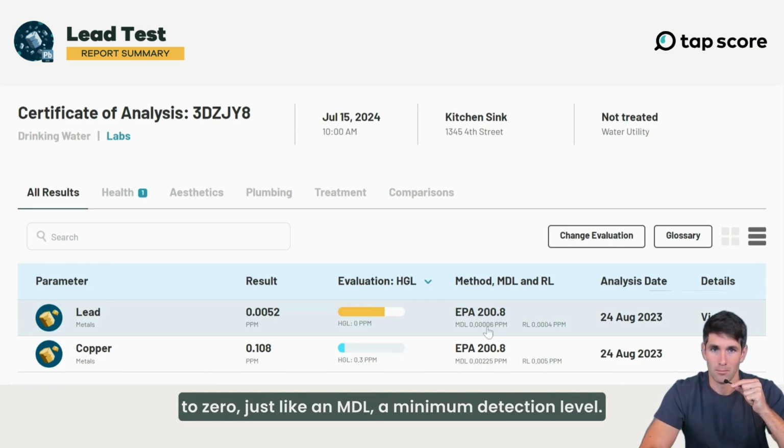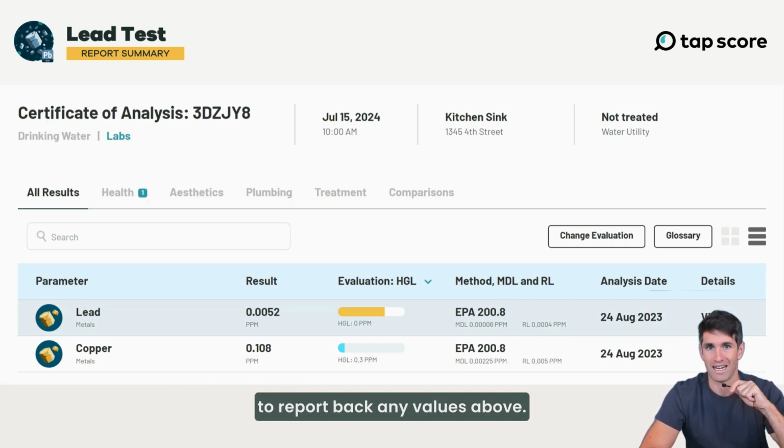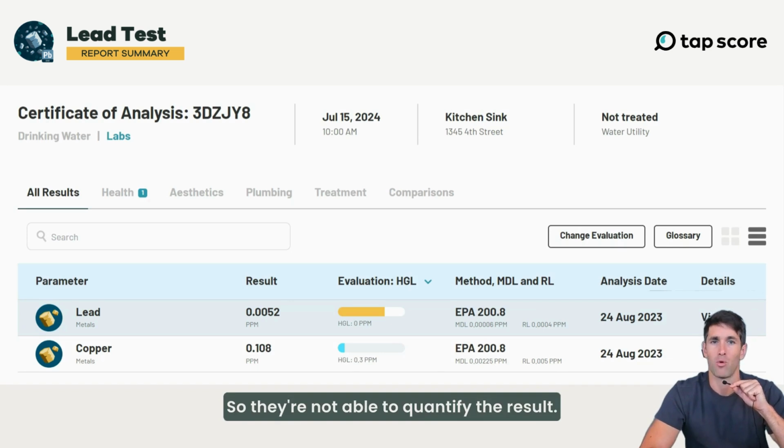Just like an MDL, a minimum detection level, you have a minimum reporting level, which means, hey, the laboratory is confident enough to report back any values above, in this case, 0.0004 parts per million. So they're not able to quantify the result if it's lower than that. It's too small to put a number on, but they might be able to say, hey, there is some tiny amount of lead in the water, but we don't know exactly how much.